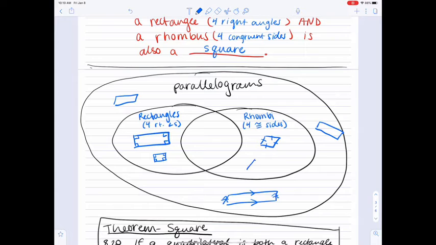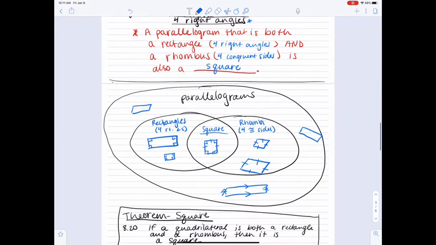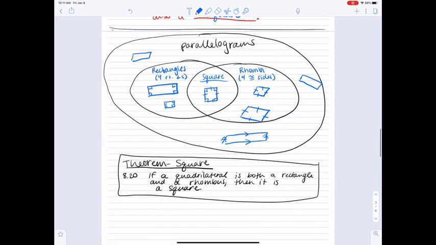Okay, so maybe these lengths are all the same length, okay? And then when those two combine, when you have both 4 right angles and 4 congruent sides, then it can fall into this category inside them of a square, okay? So that looks like 4 congruent sides and 4 right angles. So hopefully this diagram helps you out a little bit there to understand what quadrilaterals can be.